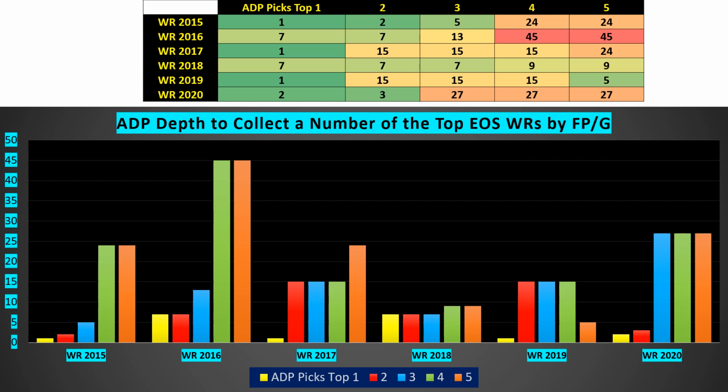So early WR3 territory, you might still grab one of the top 4 or 5. To me, it looks like your deep research needs to occur at about the 13th through about the 30th, maybe, or the 15th through the 30th, somewhere in there.